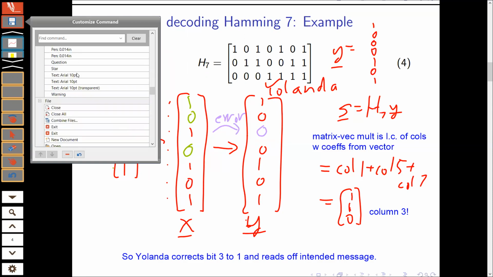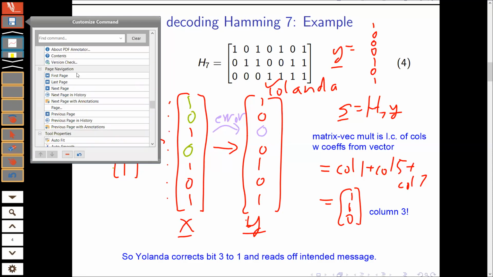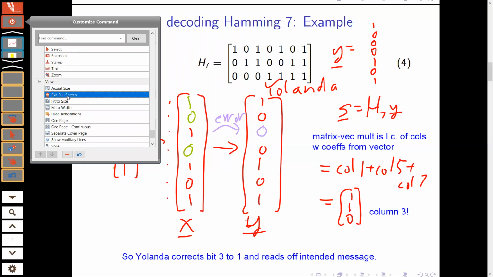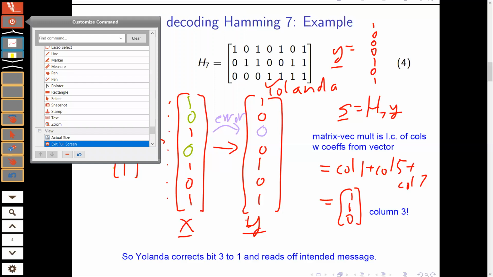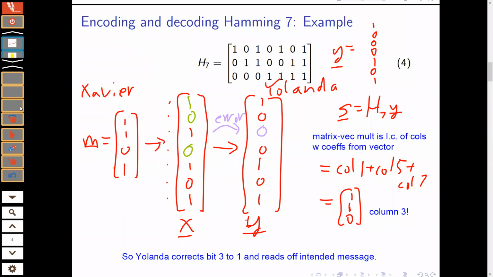Extras, favorites, file, help, view. Here we go. Exit full screen. Fantastic. There we go. Why will you not actually exit the full screen? Oh my God. Okay.